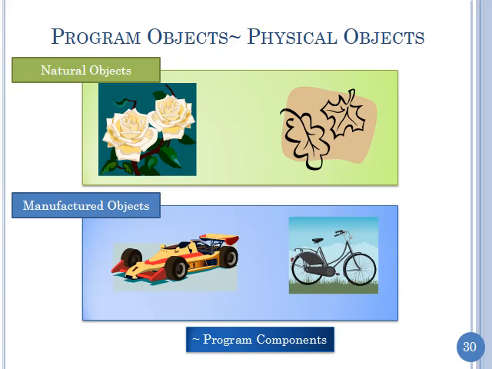Okay? So if my object is a car, what is a method that I invoke on an object? Brake, accelerate. Okay? What is my class?